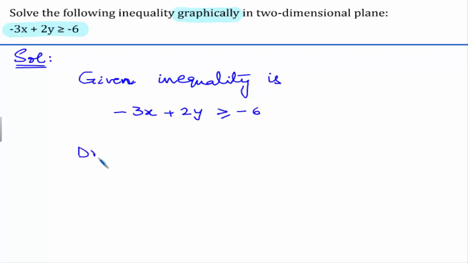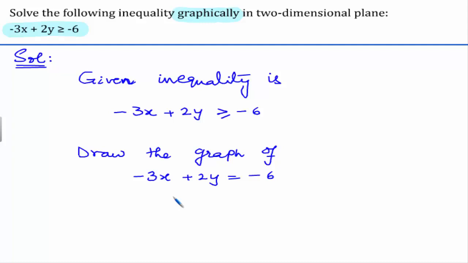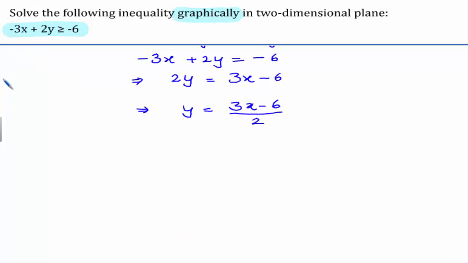Now we need to draw the graph of minus 3x plus 2y is equal to minus 6. So this will give us 2y is equal to 3x minus 6 and y is equal to (3x minus 6) by 2.